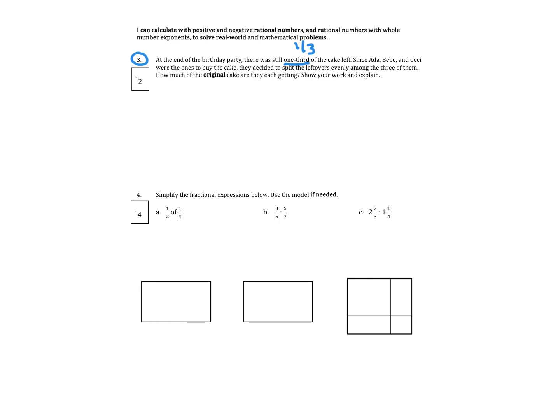Since Ada, BB, and CC were the ones to buy the cake, they decided to split the leftovers evenly among the 3 of them. How much of the original cake are they getting? You're going to need to have a fraction times a fraction, and that will equal your answer.